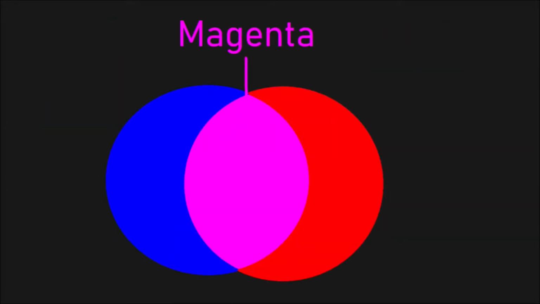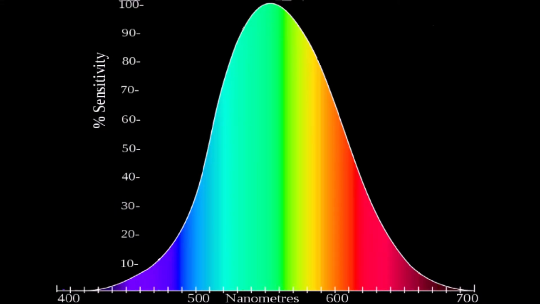However, when these two types of light combine, the brain perceives a new color called magenta. This color magenta is a mix of the two colors red and blue and is not associated with any particular wavelength of light. No one wavelength can produce magenta. This is true of many other visible colors, which are mixtures of many different wavelengths of light.